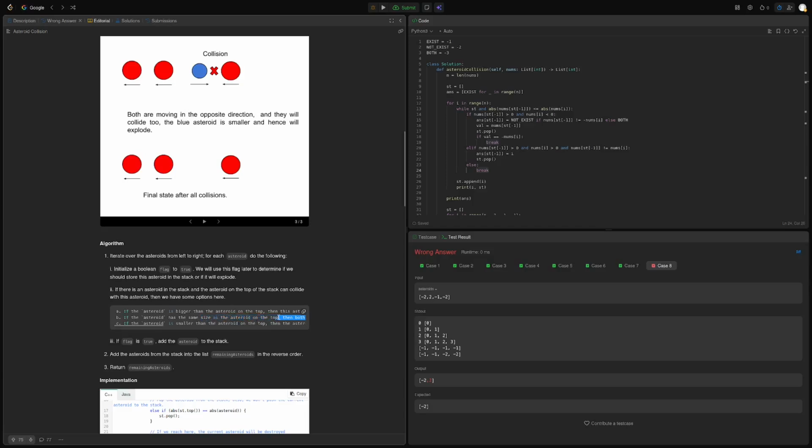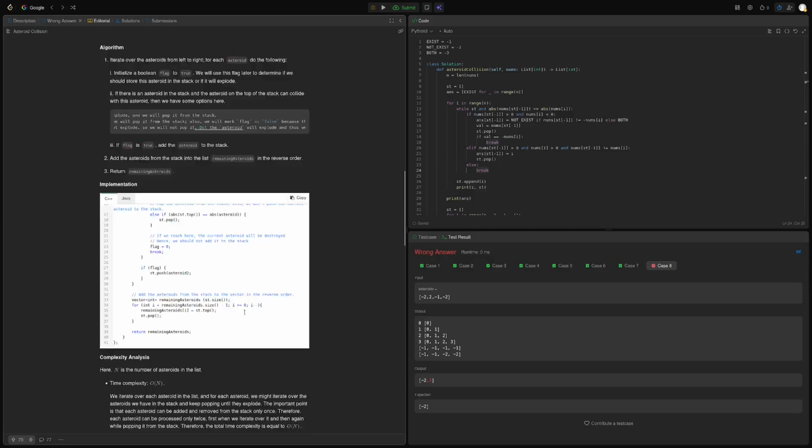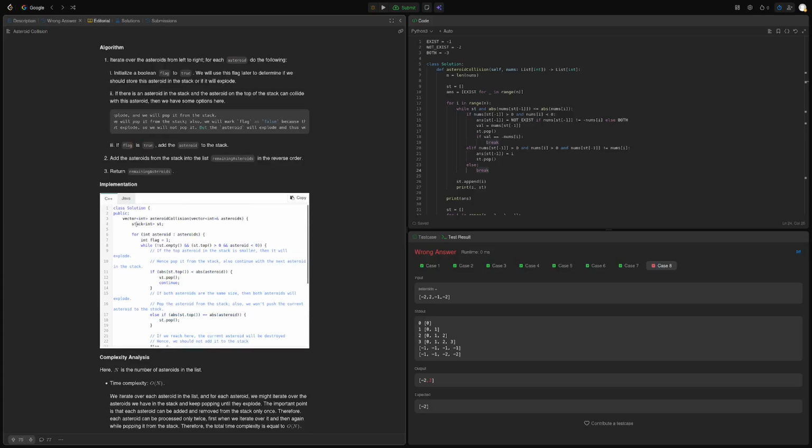If asteroid is bigger than asteroid on top, what? Stacking.